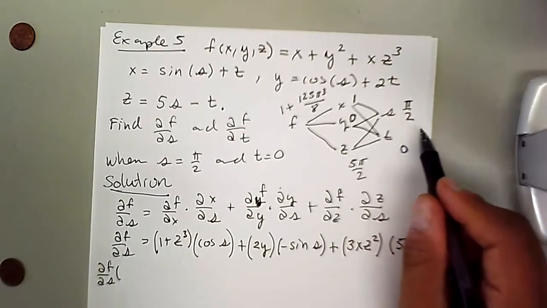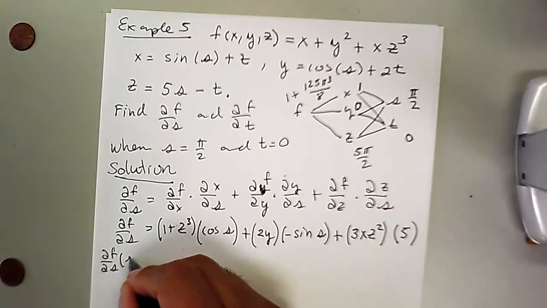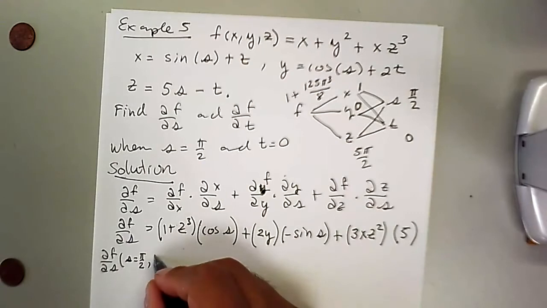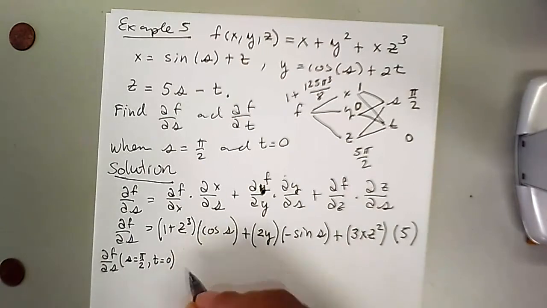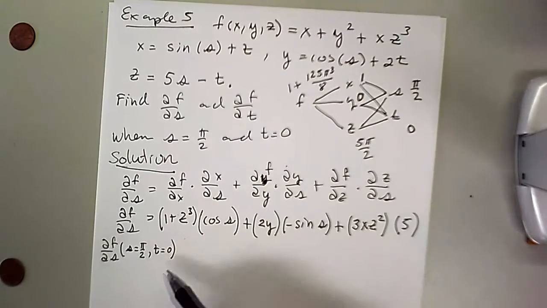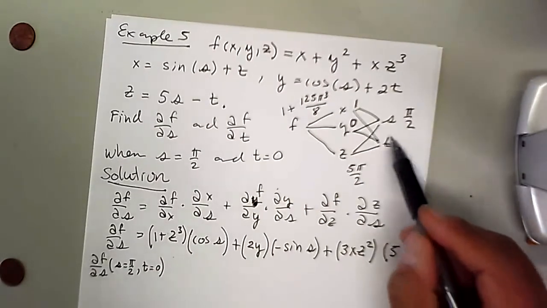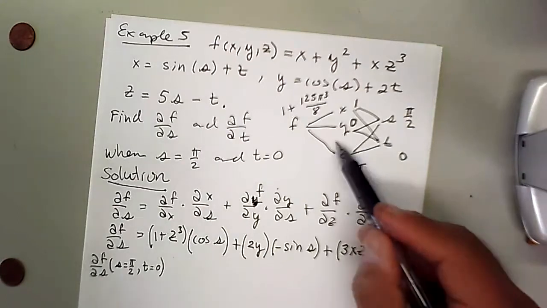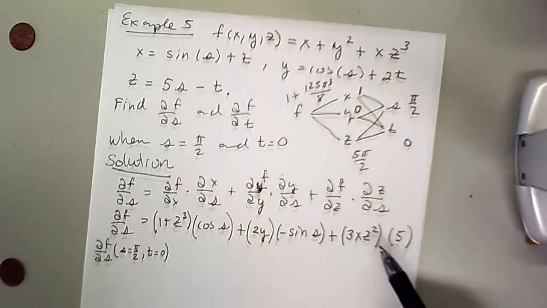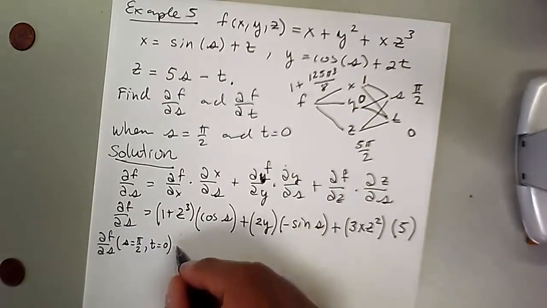So I want to be more specific. I'm going to say that when s is equal to pi over 2, comma, and when t is equal to 0, that causes a domino effect. When those two are fixed, that fixes those three, and that fixes the function. And that also fixes the partial derivative.